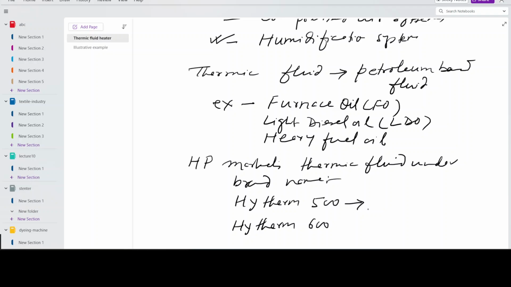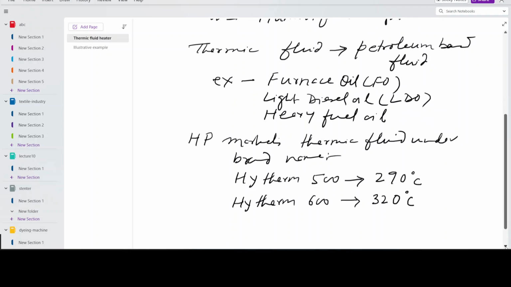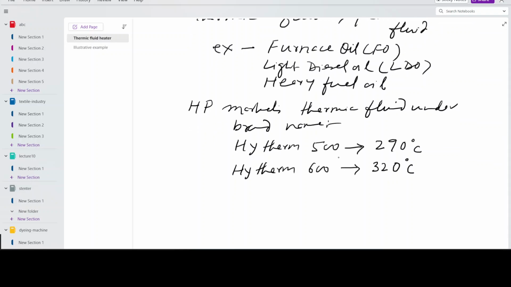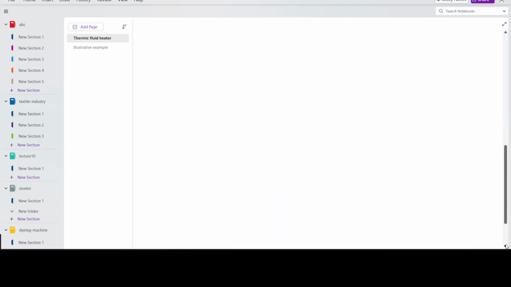Therm 500 has maximum bulk oil temperature up to 290 degrees centigrade, and Therm 600 has maximum bulk temperature 320 degrees centigrade. This is about thermic fluid. Now we come to thermic fluid heater.